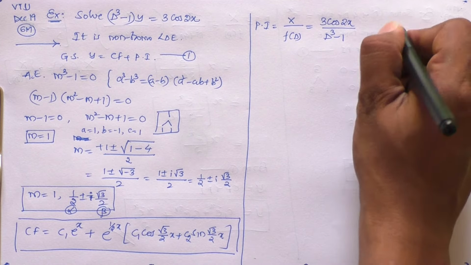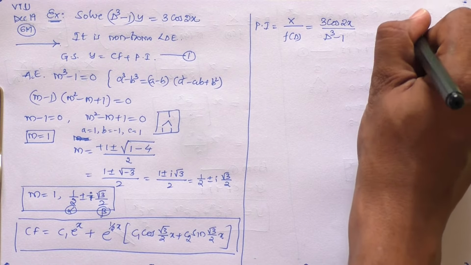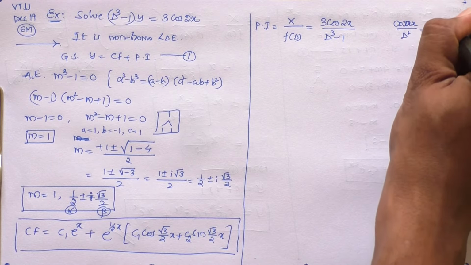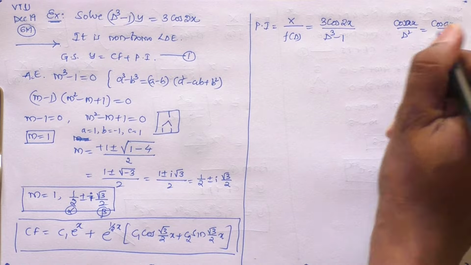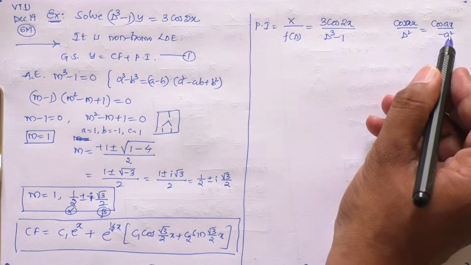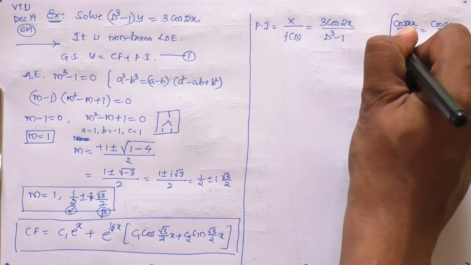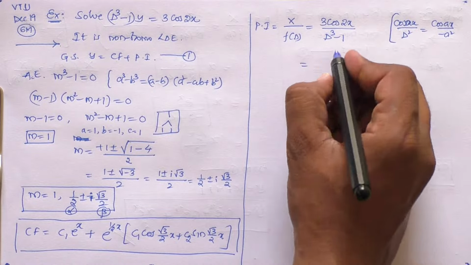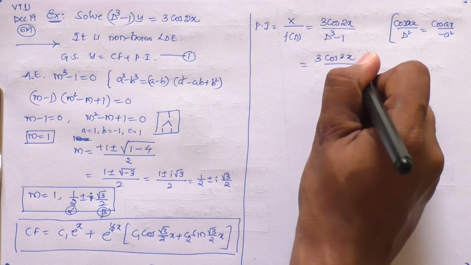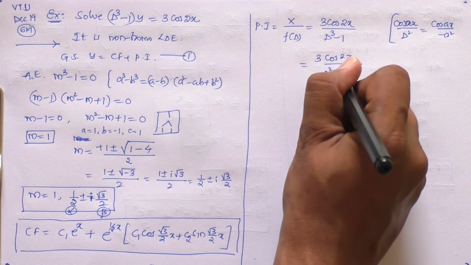But we know whenever we have cos ax divided by d square, it can be written as cos ax by minus a square. So in case of cos x, if the denominator is d square, then only it can be replaced by minus a square. So here d cube is there. So one thing we can do is, d cube can be written as d square into d.